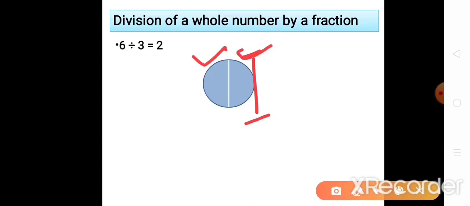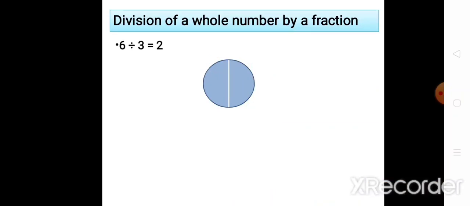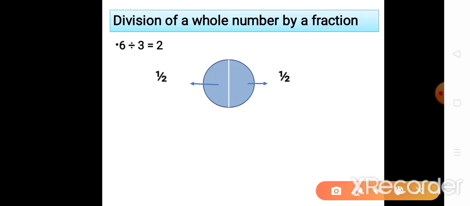And if I represent these 2 parts mathematically, then they are going to be 1 by 2 each. So what can be seen is, when I have drawn a line to divide this circle into half, the number of parts I'm going to get is 2.